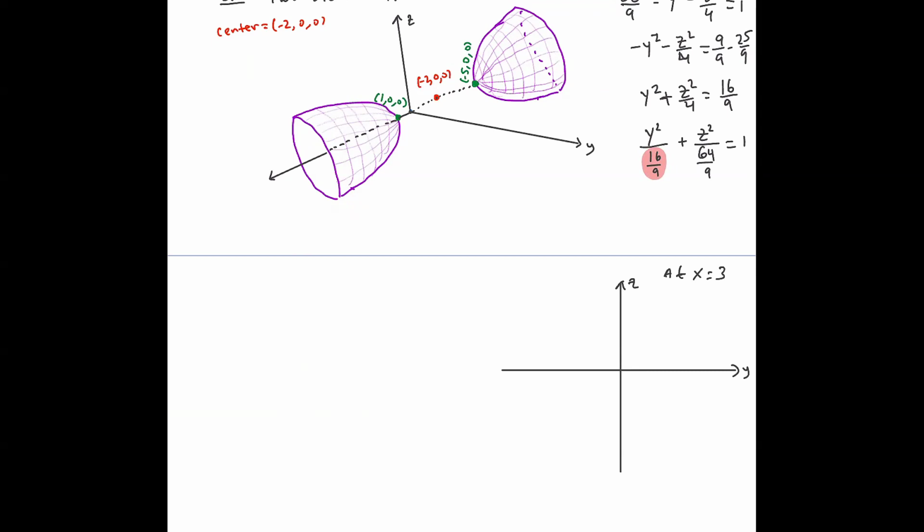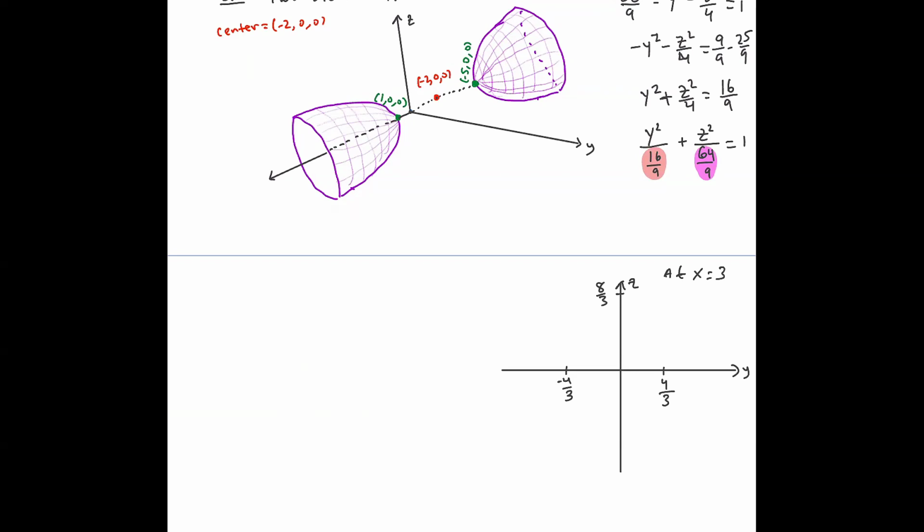So 4 over 3, that's pretty much in the y direction. So we go negative 4 over 3, and then positive 4 over 3. And in the z direction, we have 8 over 3, because 64 over 9, the square root of that is 8 over 3. So it should be longer in the z direction. So it's 8 over 3 and negative 8 over 3.